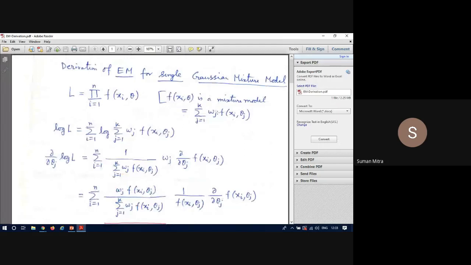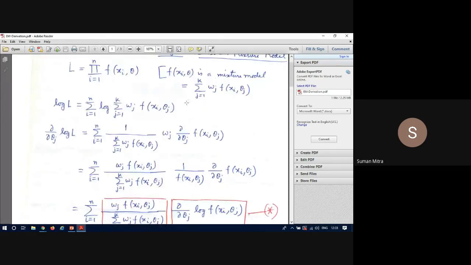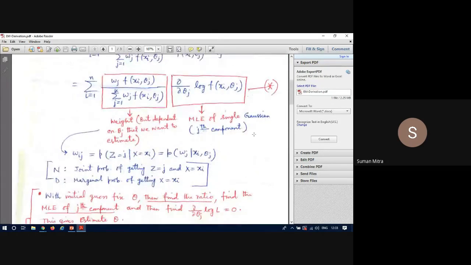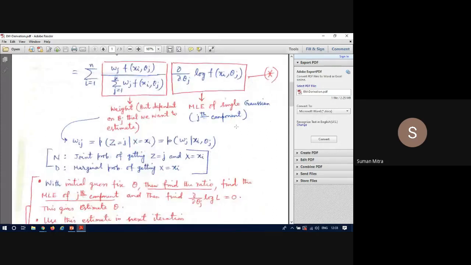Got it? It's a single variate Gaussian inside the Gaussian mixture model. So this is the maximum likelihood of a single variate Gaussian, or MLE of a single Gaussian. That means the jth component. Is it okay?